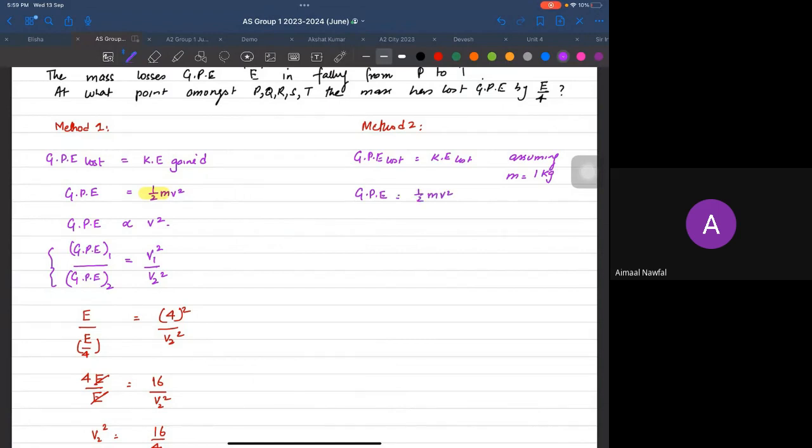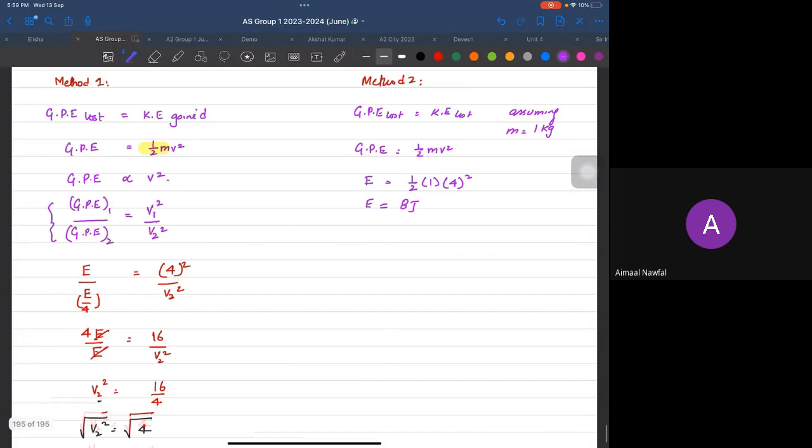So to find E, the total energy lost was E. I'm going to put 1 instead of mass, and I'm going to put 4 here like this. So it's going to be basically 16 divided by 2. So the energy, if the mass was just 1 kg, would have been lost by 8 joules. So I have this answer.